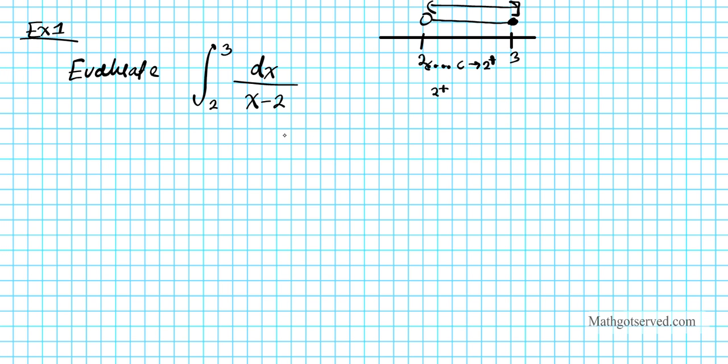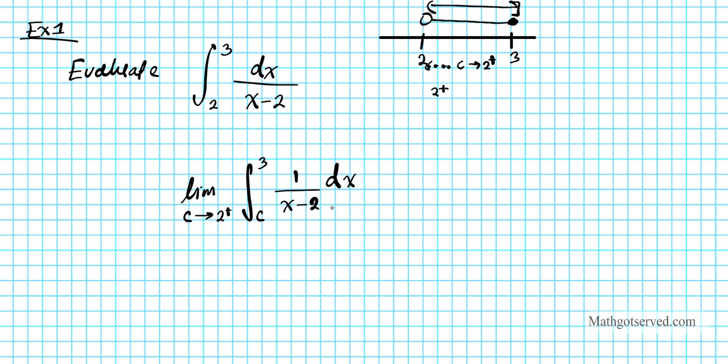So we're going to take the limit as C approaches 2 from the right, because it's the lower bound or the left endpoint that has a discontinuity, of the integral from C to 3 of 1 over x minus 2 dx, replacing 2 with the value that the limit approaches. Okay, so there you have it.